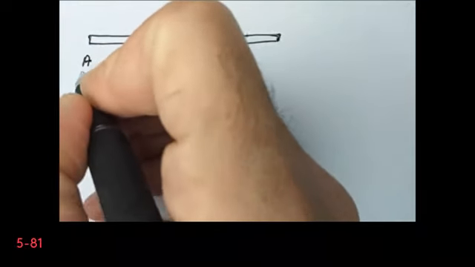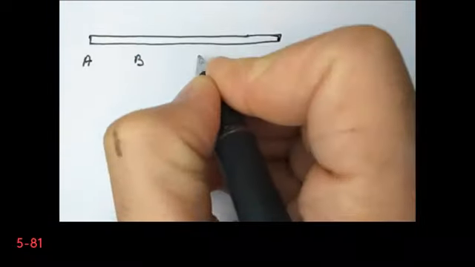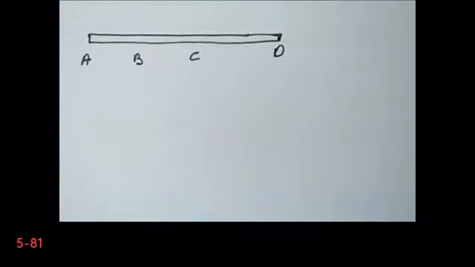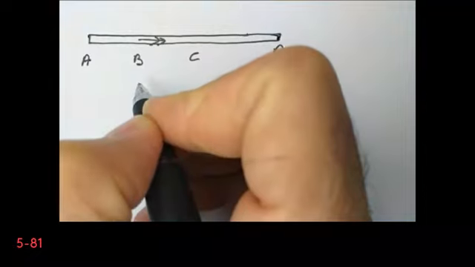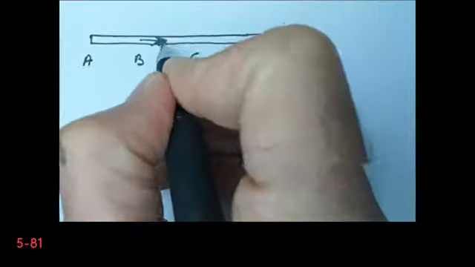This is my point A. Then we have our point B here, point C here, and D is the other end. Now we are given the directions of the torques. So if you look at the shaft from point D to A, the torque at point B is in this direction. In other direction.